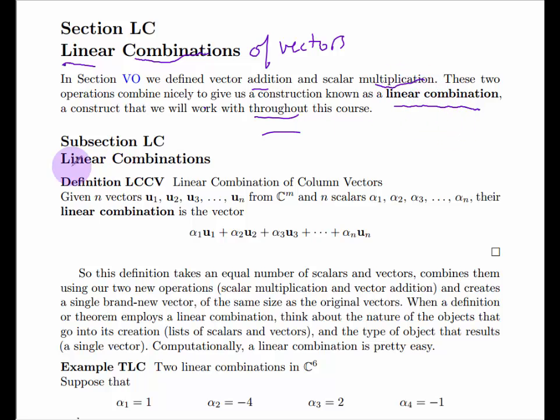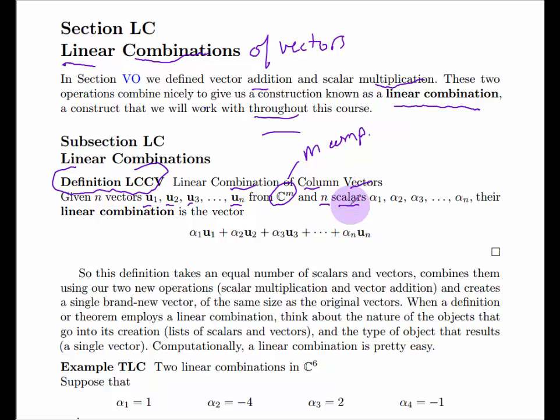All right, so let's go to this definition of linear combination of column vectors. Here we have a set of n column vectors, and we'll see some specific examples of this later. N column vectors from Cm. What does Cm mean? It means that there are m components, or m entries. And we also have n scalars.